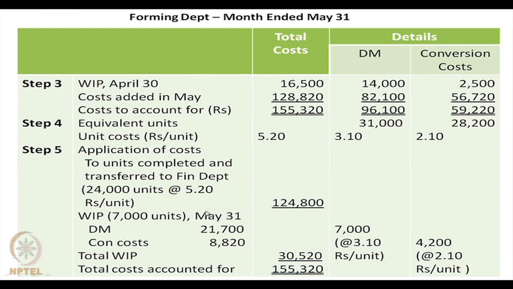As far as the work in process in May is concerned, for the forming department, we now have 7,000 items still left in the semi finished stage, each costing 3 rupees 10 paise. Therefore, 7,000 into 3 rupees 10 paise gives us 21,700 rupees.